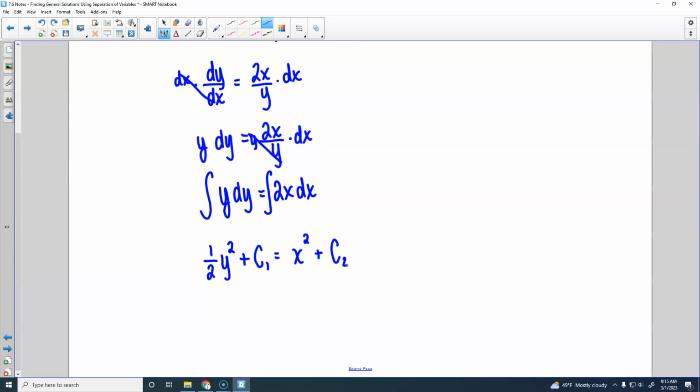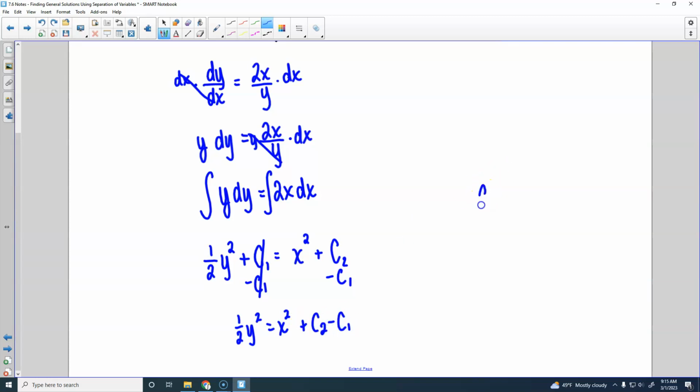Now, I don't like having that c1 and c2, like, I don't like having c's on both sides. What is a c? It's a constant and it's unknown, right? So if I subtracted that c1 right there, I would have 1/2 y squared equals x squared plus c2 minus c1.